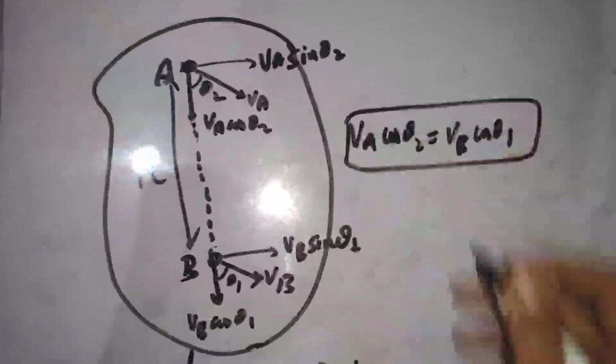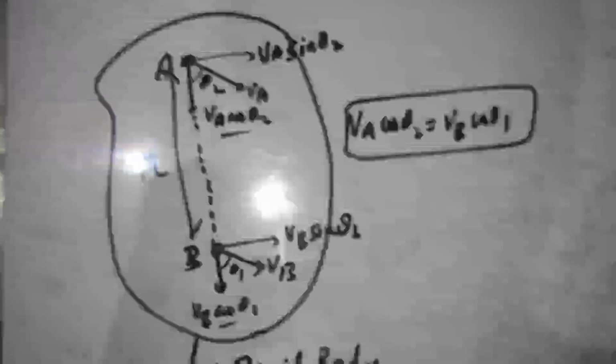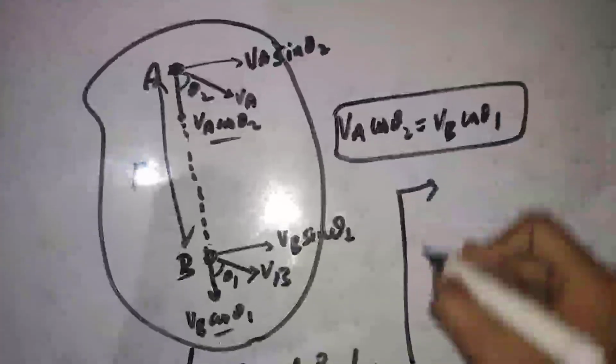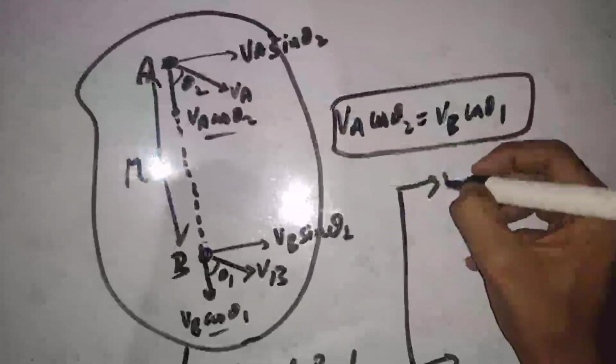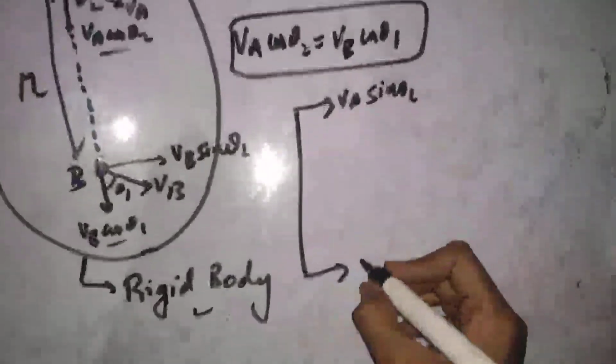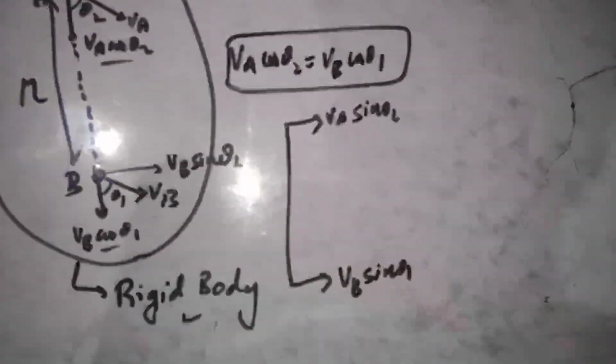That velocity along the line joining them must be equal; only then will the separation be constant. And if this is true, then we are left with just the perpendicular velocities, and this is VA sine theta 2 and this is VB sine theta 1.